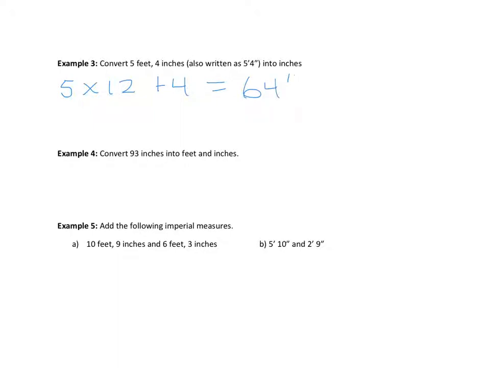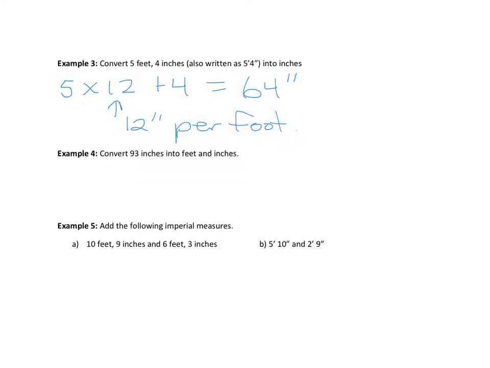If you need to use a calculator to do this, you can, although it's very handy to know the 12 times table, at least the first 7 or 8 of those, and then you can do these in your head. Okay, so we're multiplying by 12 because there's 12 inches per foot.